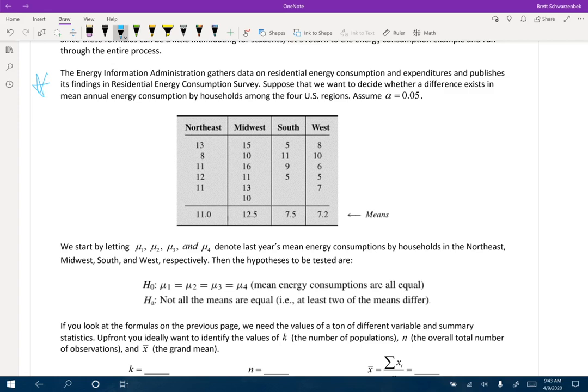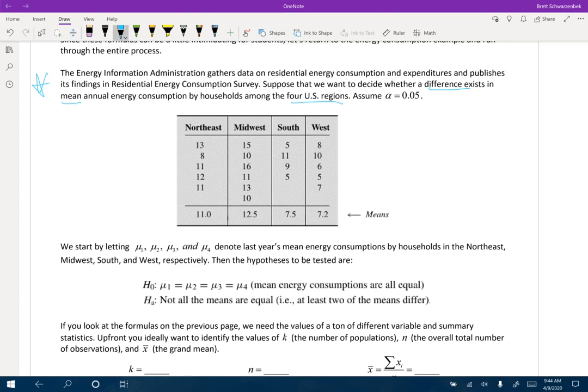When they say there is a difference in the mean among 4 regions, you immediately know it has to be ANOVA. If I asked whether there is a difference in the mean among 2 regions, you would ideally use a 2-sample t-test. But because this says 4 regions, we must use an ANOVA.